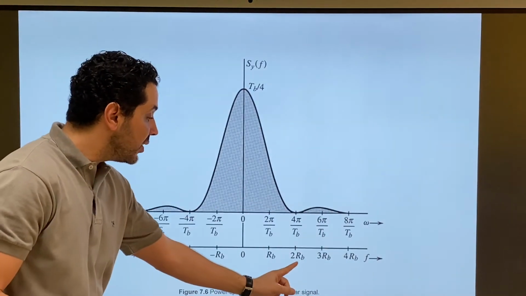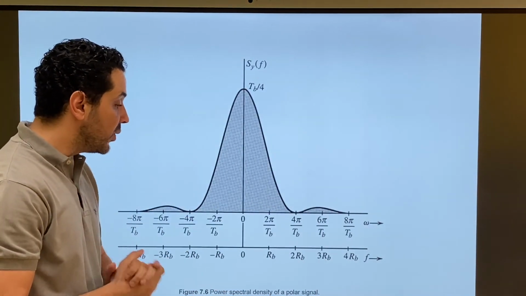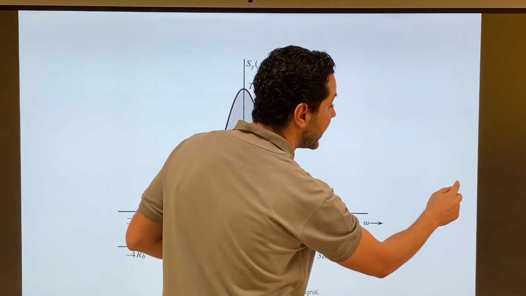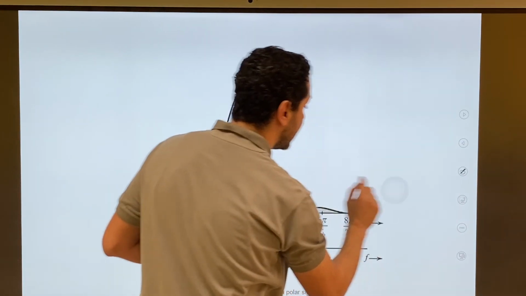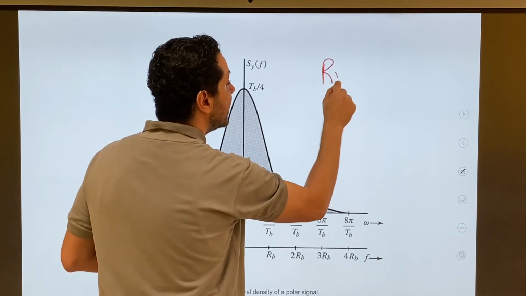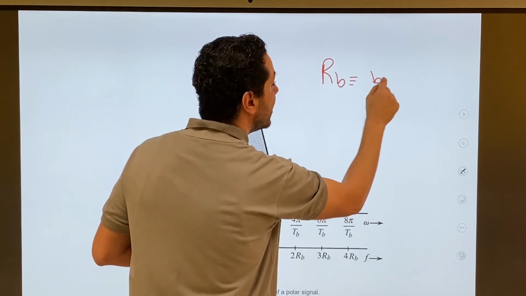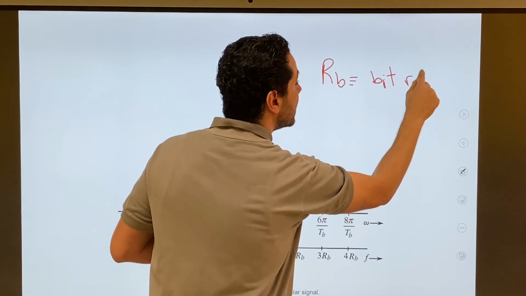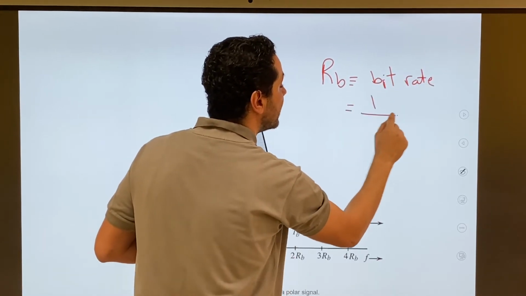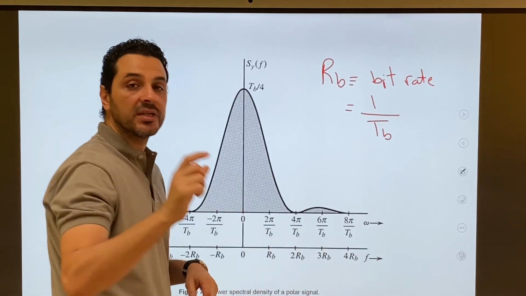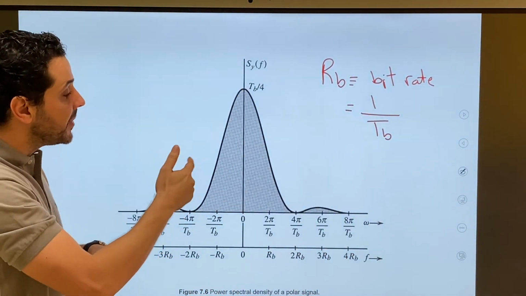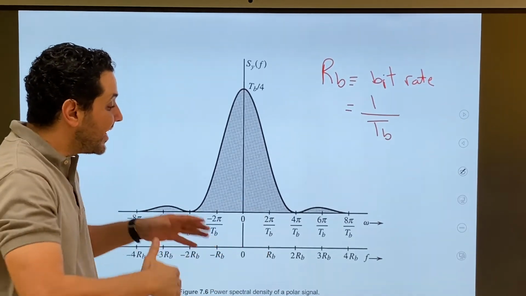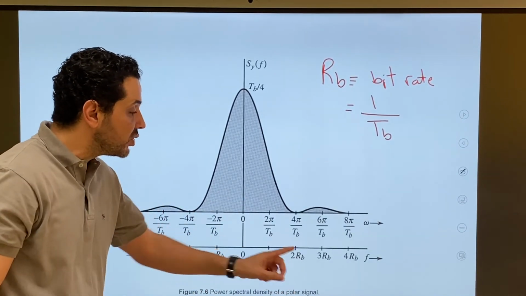And the first zero happens here at 2RB, where RB is the data rate, the bit rate, which is equal to 1 over TB. If you assume that you are transmitting 1 bit every TB, then RB will be the bit rate. And here the first zero, the essential bandwidth, will be 2RB.